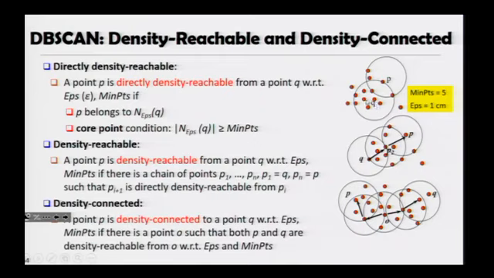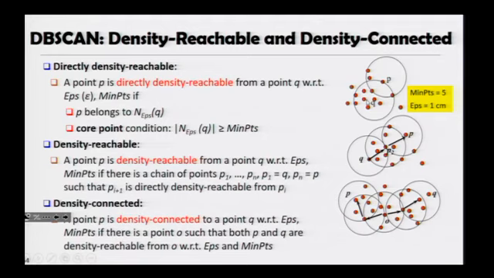So the next is density reachable. You see the modifier "directly" is taken off, meaning that you have a relatively relaxed criterion to measure density reachable. The density reachable is defined using the terminology of directly density reachable.